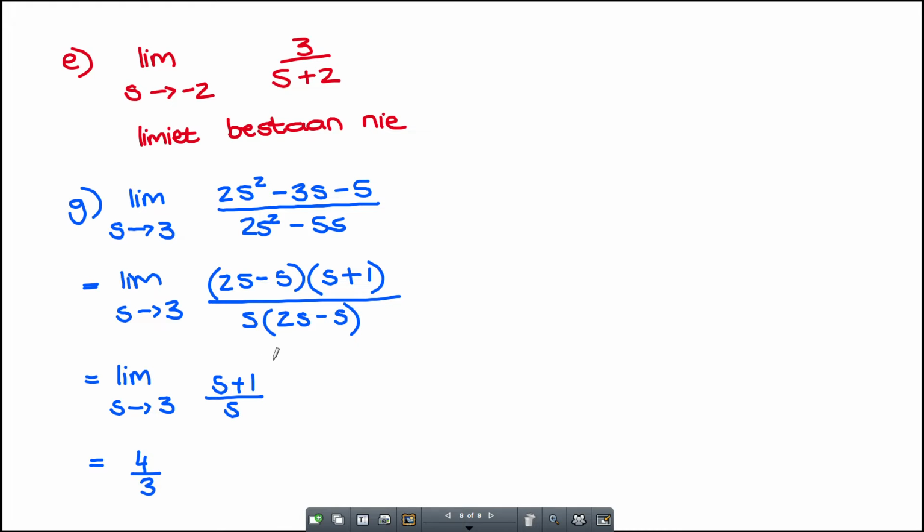At the bottom, I took out a common factor of S, so I have 2S minus 5, and now you will see that these two cancel out. So dat ek S plus 1 op S, en nou gaan stel ek in. If S is 3, it would be 3 plus 1, so 4 over 3. Is julle reg? Any questions? Okay.